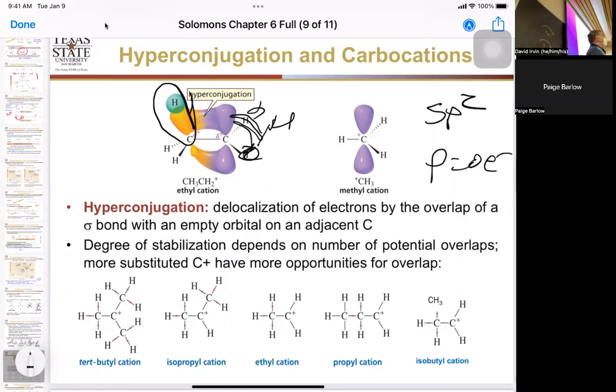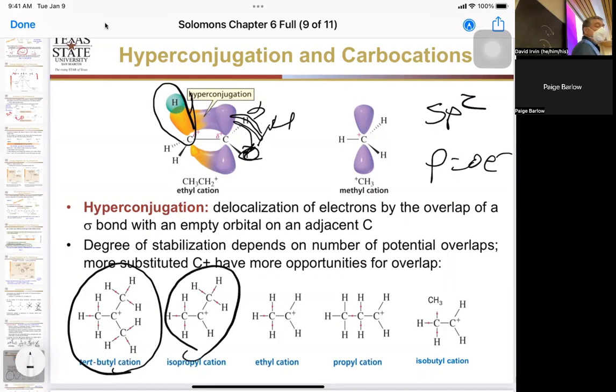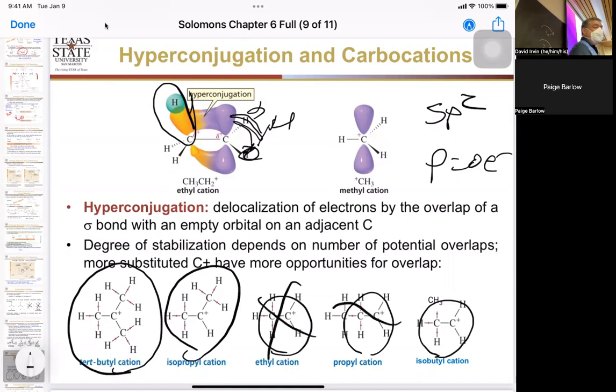So each step you stabilize it by adding a carbon next to the carbocation. So that means that our tertiary butyl carbocation here has 3 hyperconjugations and 3 inductives, 2 hyperconjugations, 2 inductives, 1 and 1, 1 and 1, 1 and 1. So we're not going to form these.